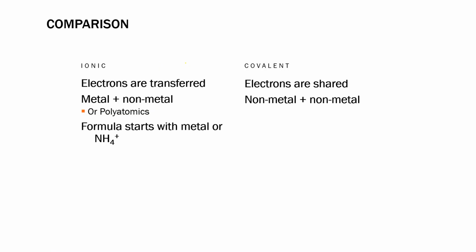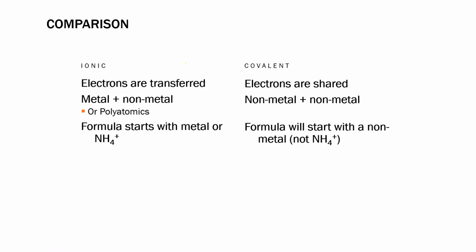So looking at the formula, if you're given the formula, if it starts with a metal, and we know where the metals are on the periodic table, or it starts with NH4, ammonium, you know you have an ionic compound. If it starts with any nonmetal except for the ammonium ion, then you know you have a covalent compound.